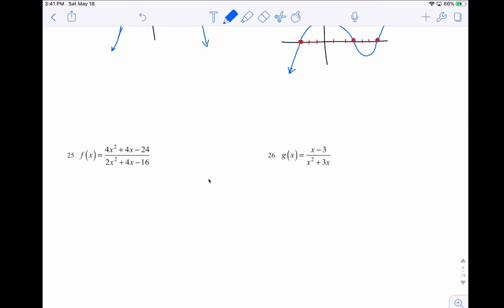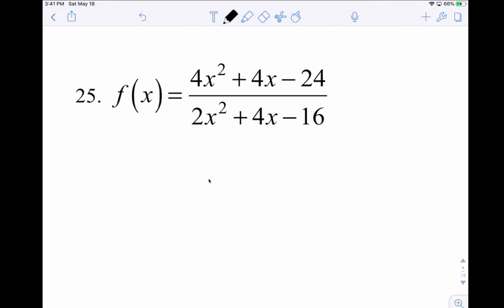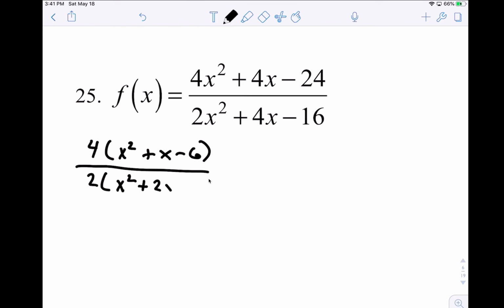Okay, so 25 and 26 are rational functions, which require a little bit extra work, but not too bad. All right, so for the first part, we got to factor. I'm going to take out a 4. And then take out a 2. So then I'm going to be left with x plus 6.